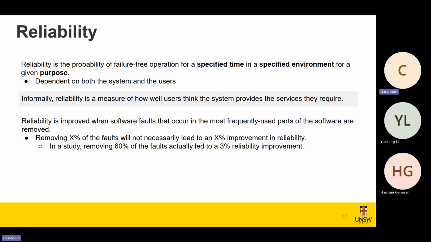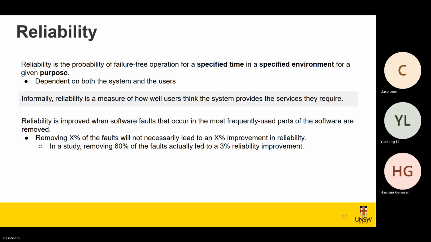So reliability is improved when the faults, because it's related to both user and system, so it depends on the usage pattern. And if the faults in the most frequently used parts of the system are removed, then we can greatly improve the reliability, right?